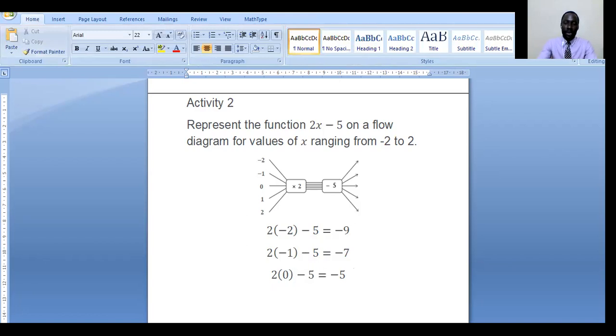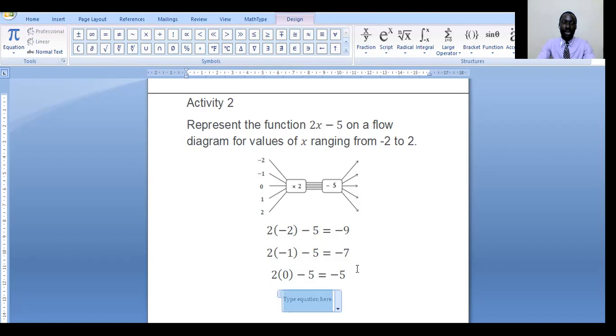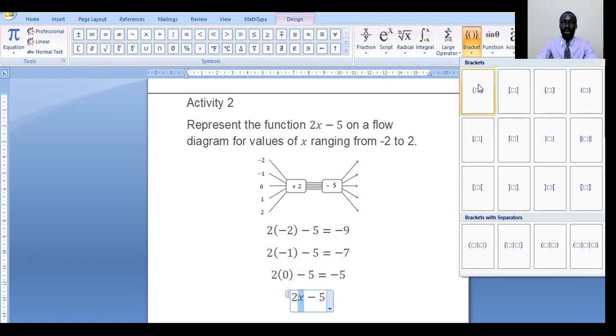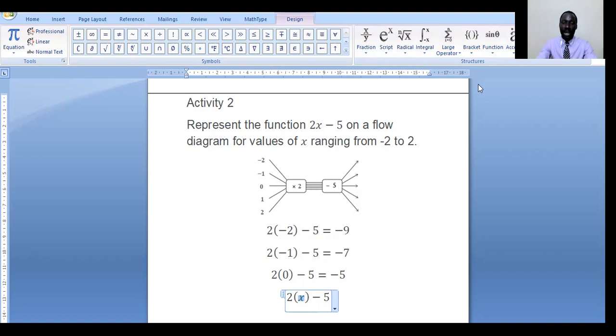Then we move on to the next, in which the value of x is 1. From the expression 2x minus 5, x in this case is 1, so we put this down as 1. That is 2 times 1 minus 5, which is 2 minus 5, which is minus 3.